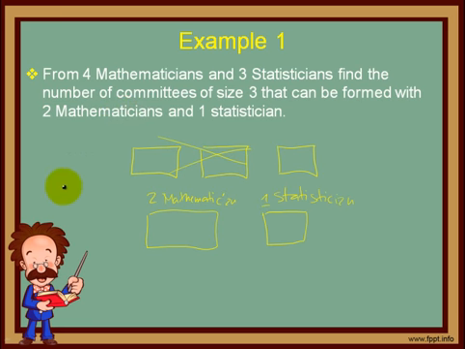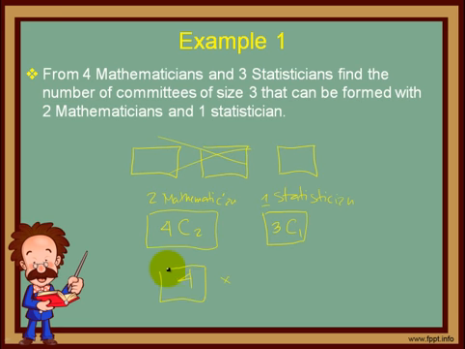Kaya for example, A then B, kung naa si A ug si B, meaning sila part sa grupo, dili importante kung kinsay una, B ba or A ba. So diri, 4 combination 2, or 4 ka mathematicians kuhaon kay duha, and diri is 3 ka statisticians kuhaon kay isa, or simply this is just 4C2 times 3C1.